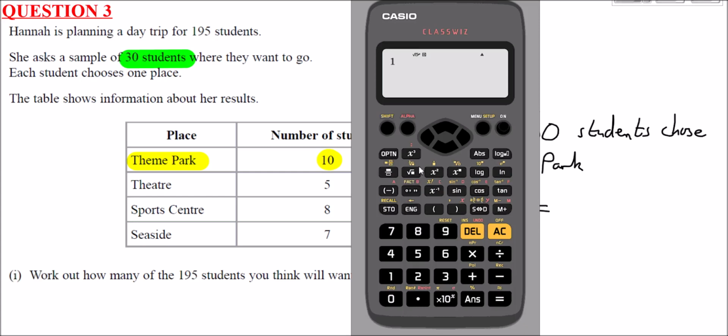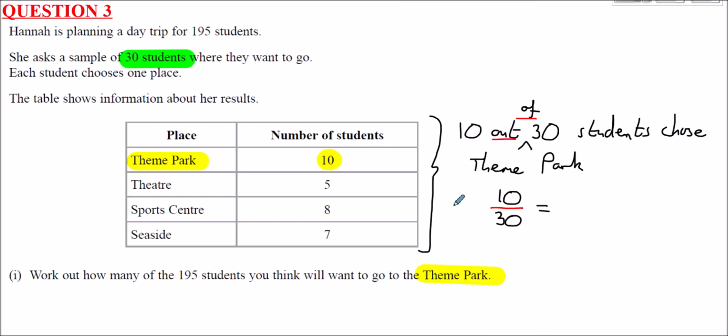So 10 on the top, press a fraction button here, 10 over 30, press equals, we get 1/3. So we can assume, it is an assumption, that 1/3 of students chose the theme park.